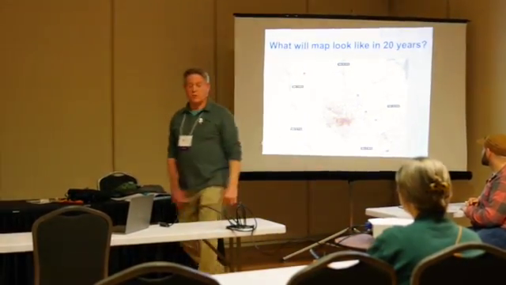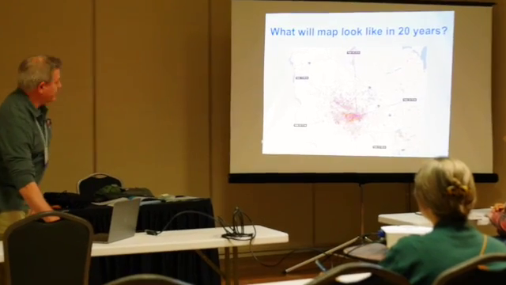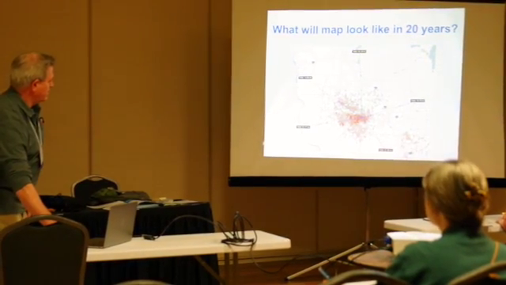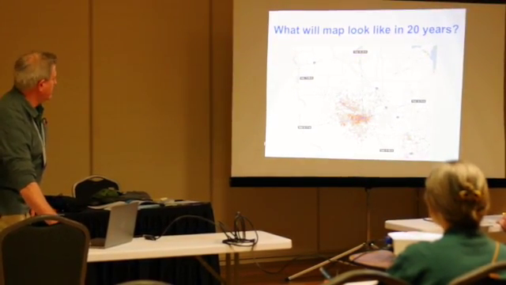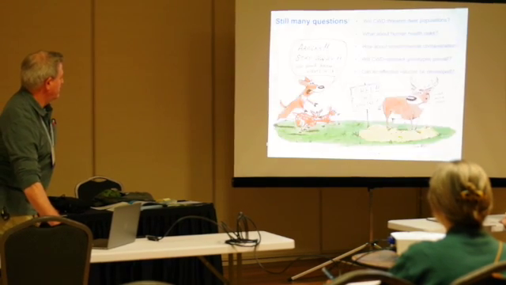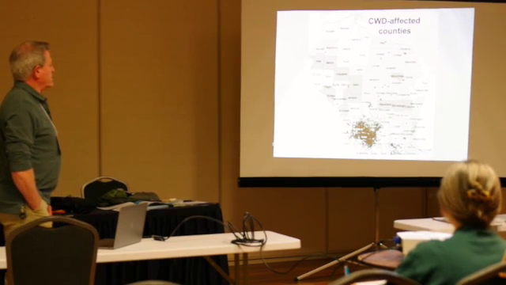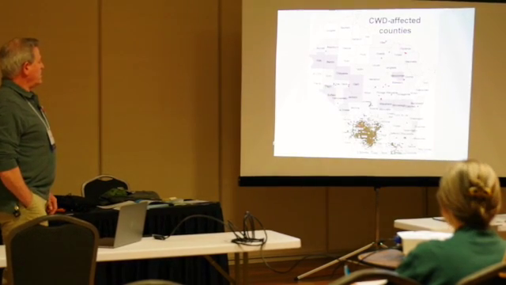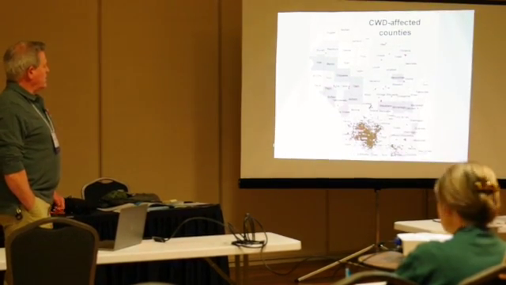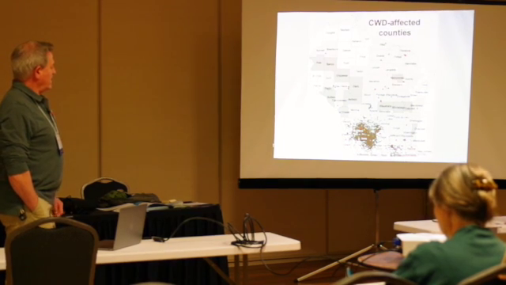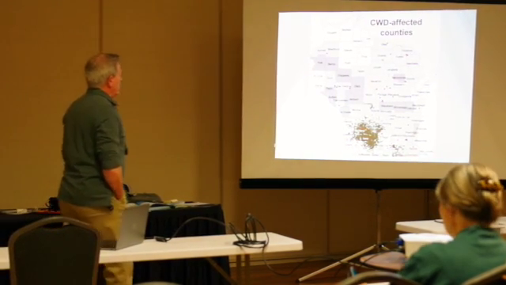What's it going to be in another 20 years? And in fact, this is just the southern, mostly the southwest corner of the state. Everything shaded in gray there is now considered CWD affected, which is a confusing term because it's not necessarily infected.